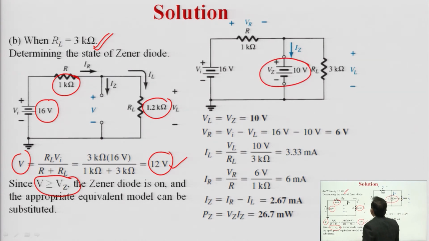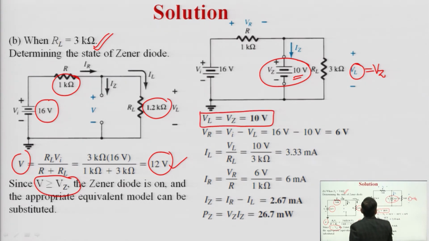Now, once this Zener diode is on and it is replaced by a battery of 10 volt, then the load voltage VL is equal to Vz, and Vz was equal to 10. So, this is our first answer.